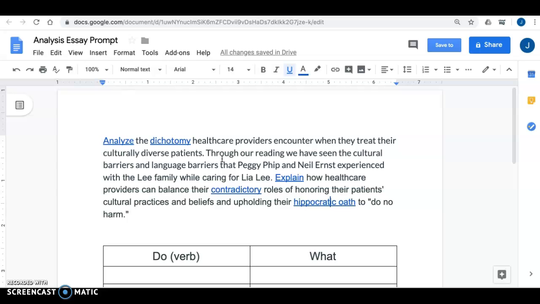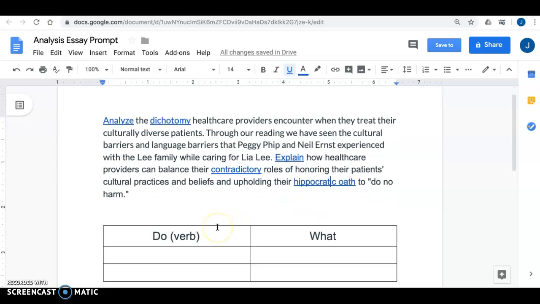Through our reading, we have seen the cultural barriers and language barriers that Peggy Philp and Neil Ernst experienced with the Lee family while caring for Leah Lee. Explain how healthcare providers can balance their contradictory roles. Okay, so this is the contradiction of honoring their patients' cultural practices and beliefs and upholding the Hippocratic Oath to do no harm.